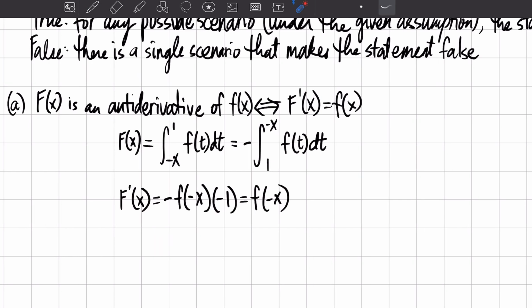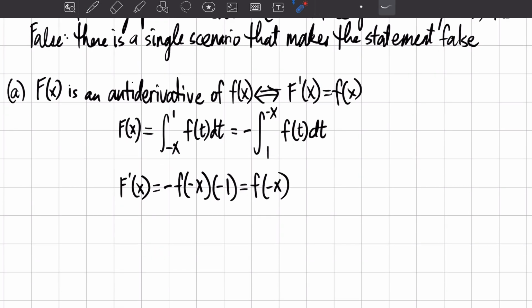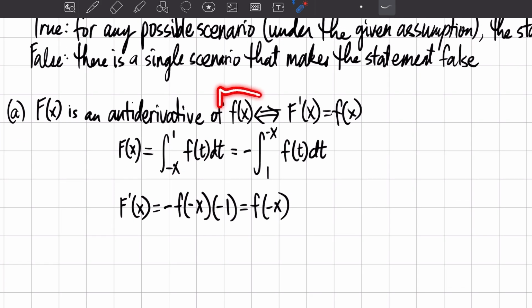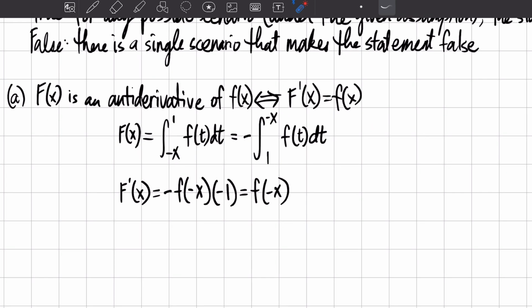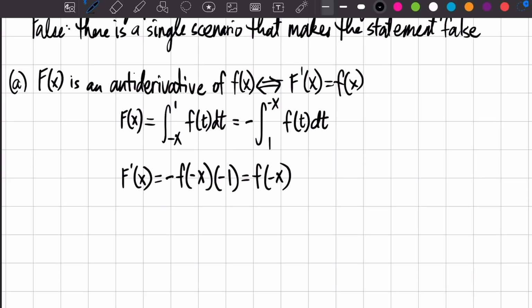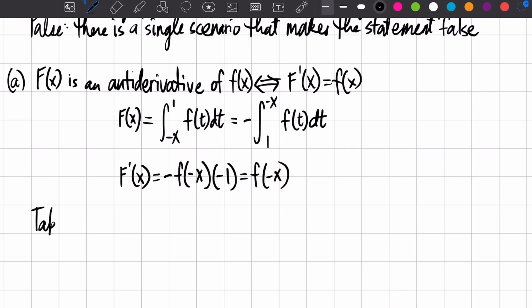The problem right here is that for this to be an antiderivative of f of x, the derivative should be f of x. But what we have seen is that the derivative of big F of x is f of negative x. So take note that in general, f of negative x is not equal to f of x.